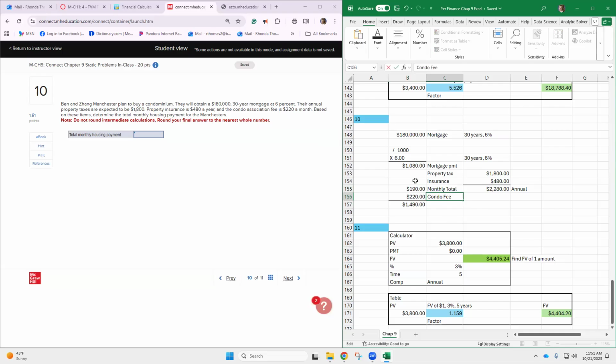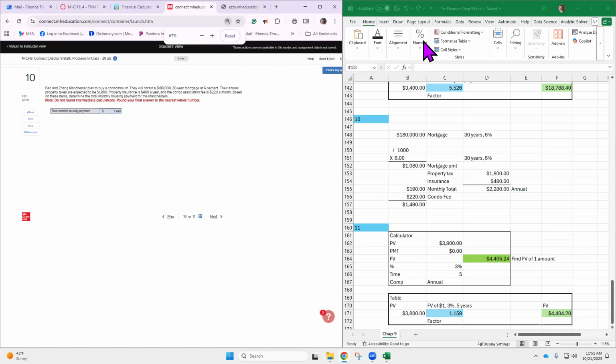So we've got three things to find. The affordable mortgage payment a month, then the monthly amount of the property tax and the insurance added together, and then the condo fee. If you add those up, I get $1,490 a month as the total monthly housing payment.